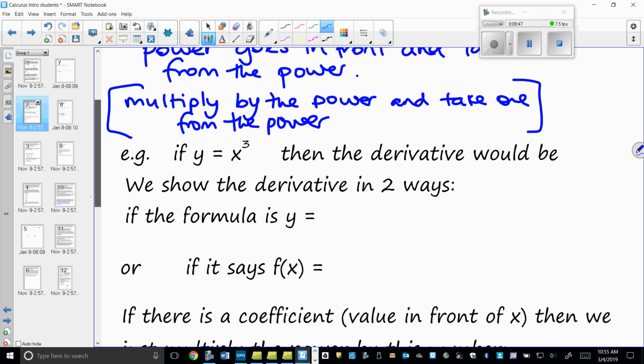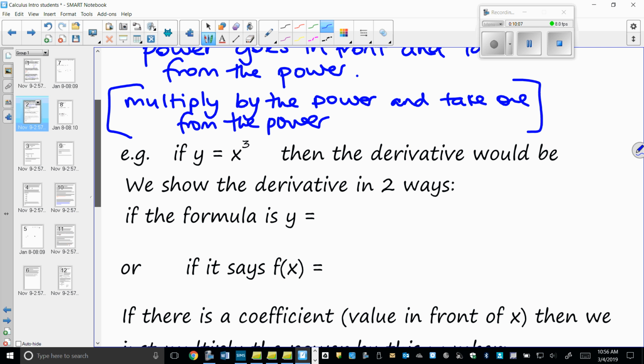So if y is equal to x cubed, if we were finding the derivative, or differentiating it, they may say differentiate this. Okay, so they may use the actual word. They may say find dy dx.